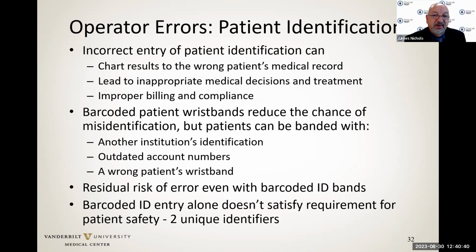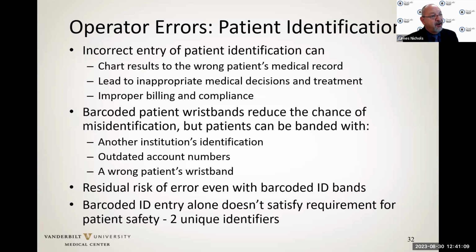Many of us are using those, but despite being barcoded, you can admit patients with another institution's barcodes. You can have outdated account numbers, and you can even put the wrong patient's barcode on that wrist, particularly when you're looking at operating room testing, where they take the wristband off so that they have IV access.